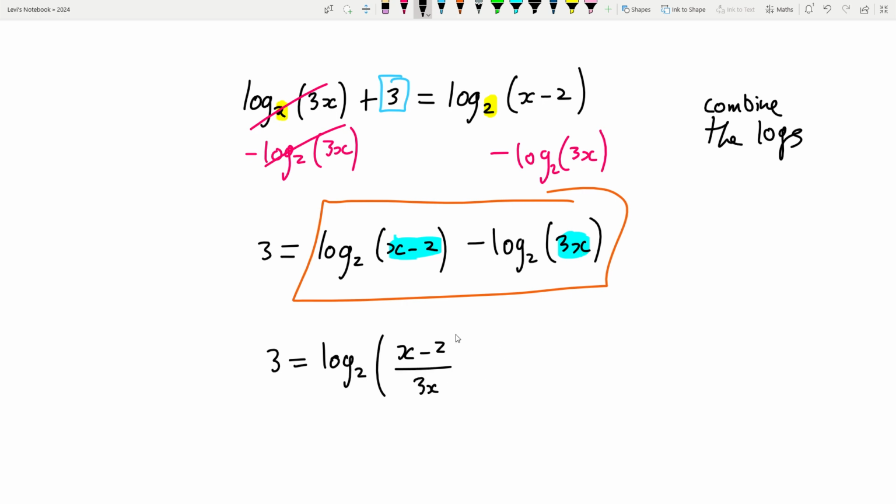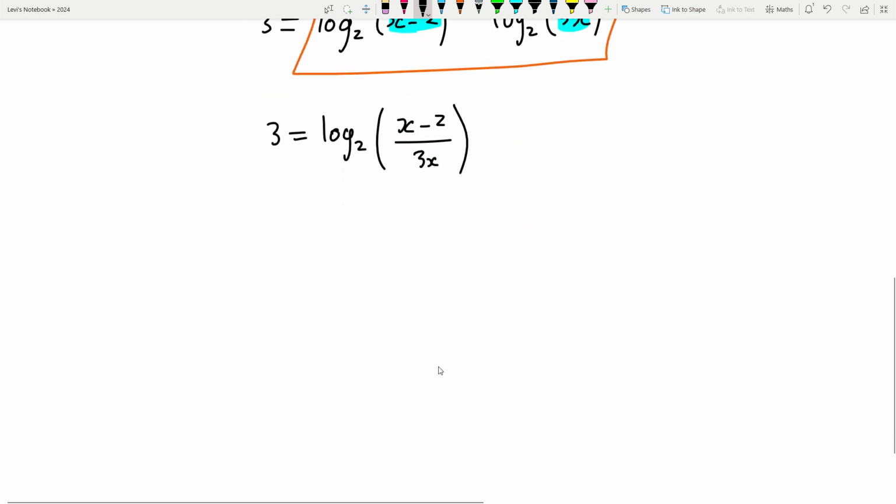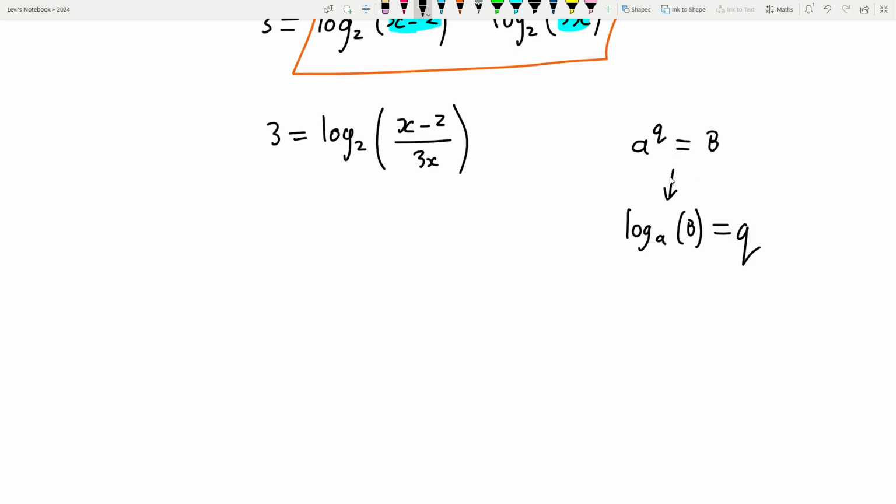okay? Now that we've got to this step here, we need to rewrite it as an exponential because we can't do anything with the x because it's inside the log. So if you remember the very first log law, if you have a to the power of q and it's equal to b, that can be rewritten as log base a of b equals q, except we're doing the opposite way in this case here, okay?